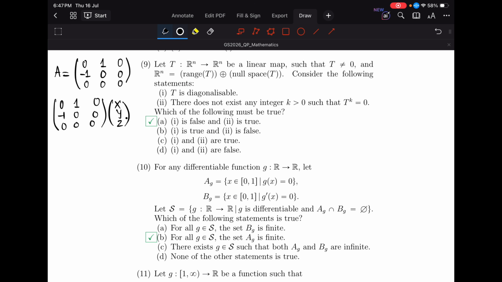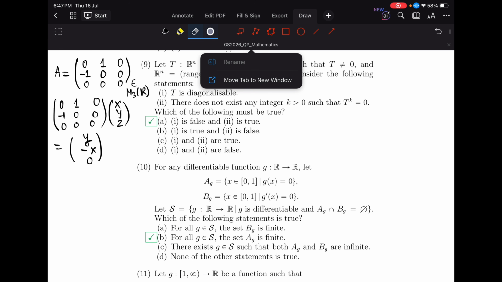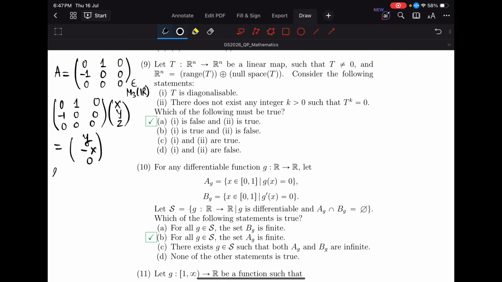Applied to x y z, which is inside R3, if you compute it, you will get y, you will get minus x, and you will get 0. So the range of A is R2, right? It is clear from this because the third component is always 0.